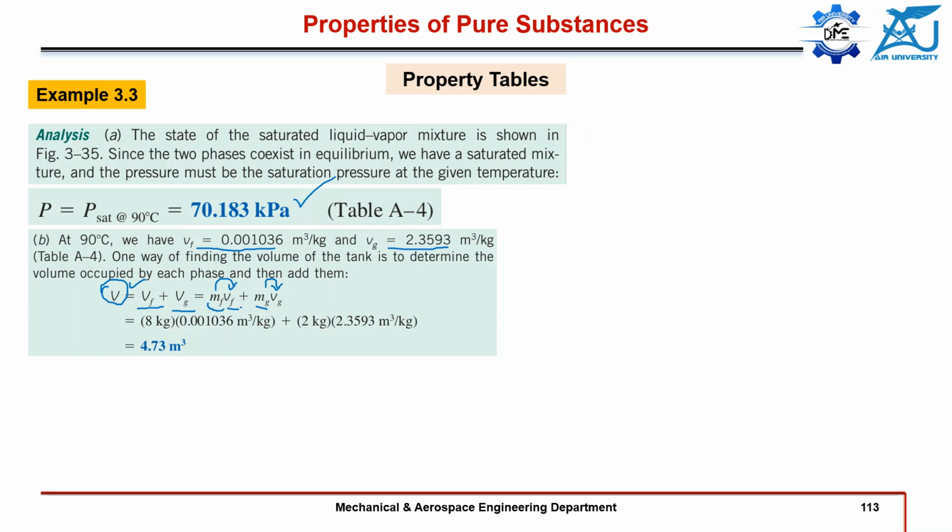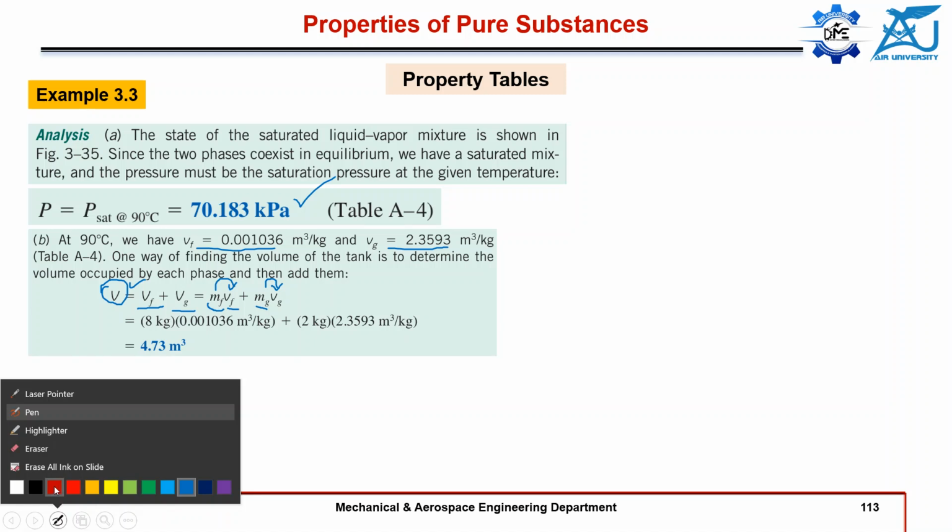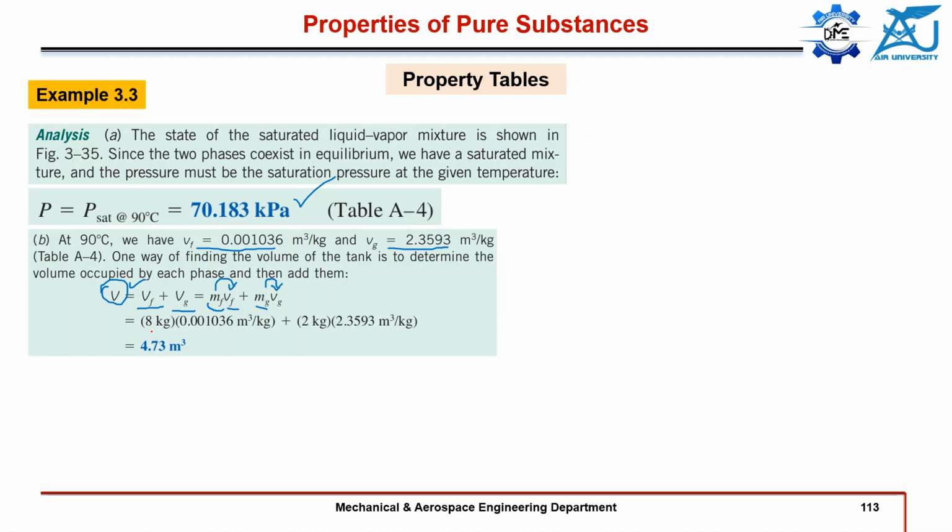All of these values are given. We know the mass of saturated liquid is 8 kg, and we have evaluated this value from the table. We similarly know these two values. After solving we get the total volume of the container. Okay, this is one way.